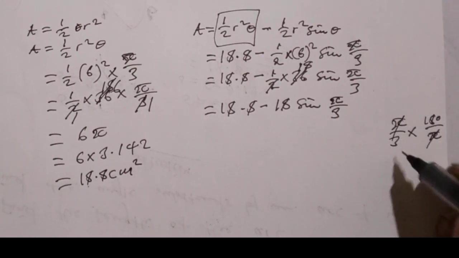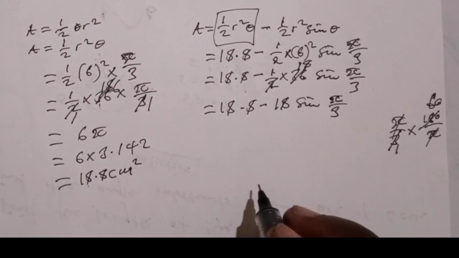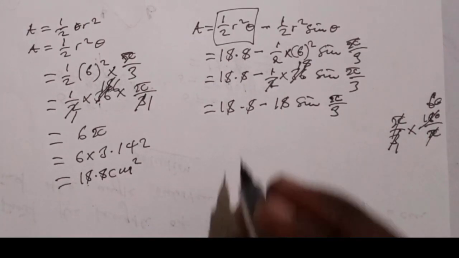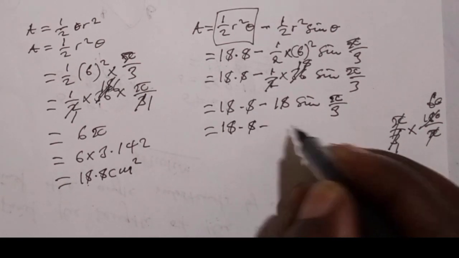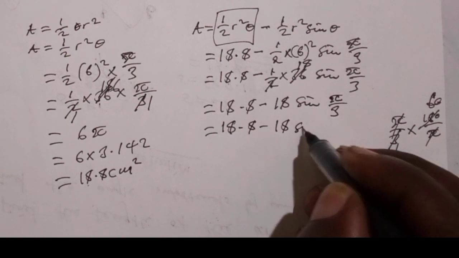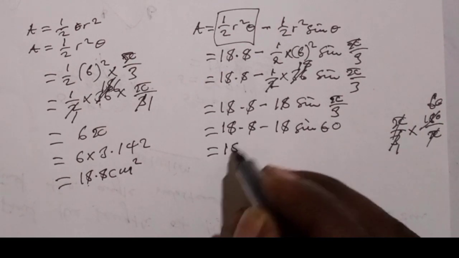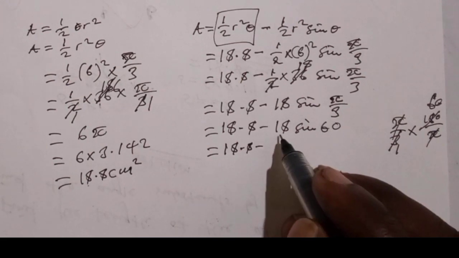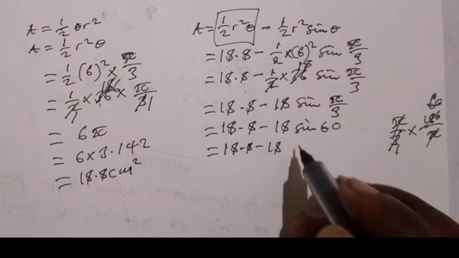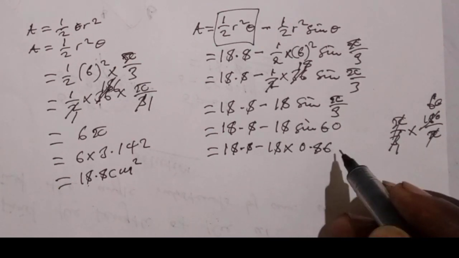Then pi cancels each other, in which we remain with 180 divided by 3, which is 60. And we all know sine 60, so here we're going to have 18.8 minus 18 sine 60. So if you punch on the calculator 18.8 minus 18 multiplied by sine 60, it is 0.866.